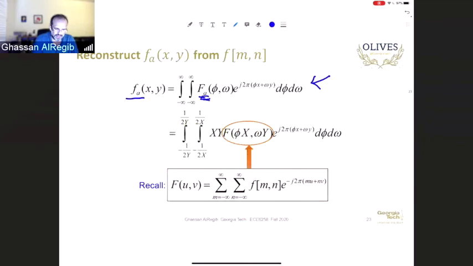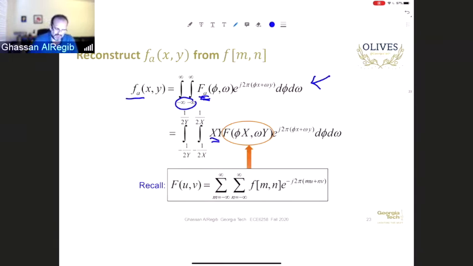So FA becomes XY times F of phi X, omega Y. And now the limits of the integrals become between negative 1 over 2Y and 1 over 2Y, and negative 1 over 2X and 1 over 2X. So this is the relationship between FA and our capital F in this case.